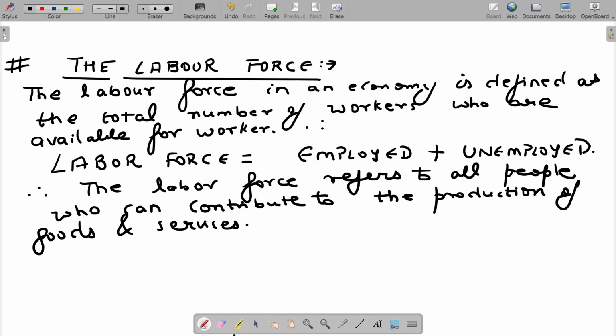Now let us see, if I talk about the size of the labor force of a given economy, what all factors it depends on.